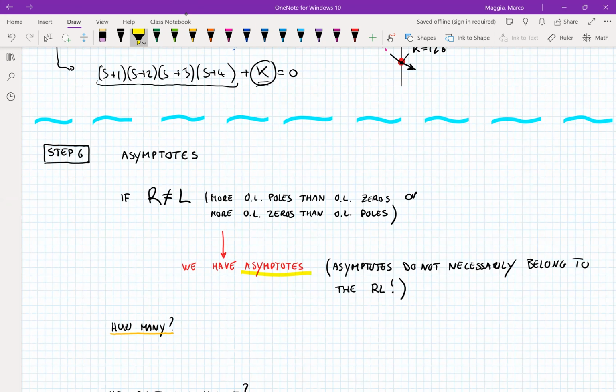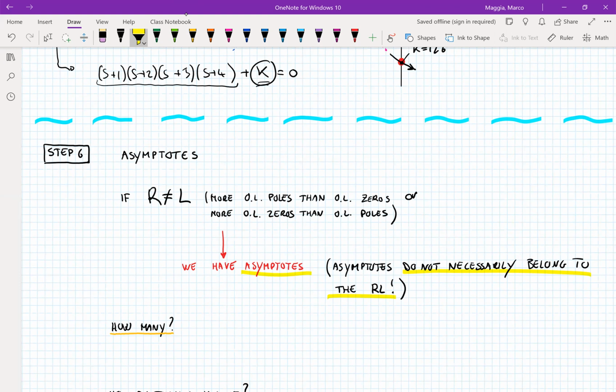Asymptotes, for the root locus, are straight lines that do not necessarily belong to the root locus itself. So we just have to draw these lines as guidelines for the root locus, but the asymptotes might not belong to the root locus. There's actually only one asymptote that can belong to the root locus, as we will see soon, but usually they don't.